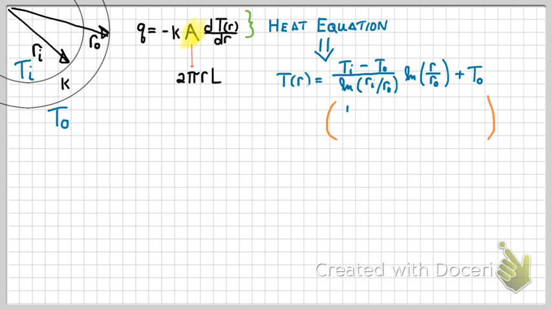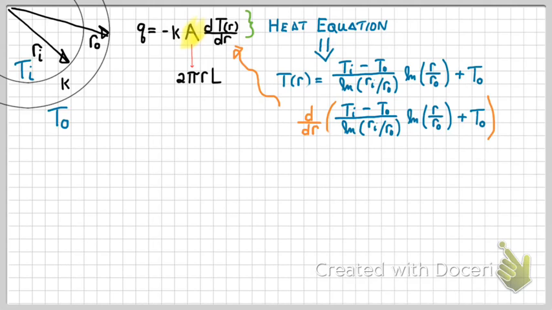Okay, so now we can rewrite the equation and put our parentheses around it, because what we're going to want to do now is take the derivative of this equation with respect to r. And when we do that, we can plug it back into Fourier's equation.